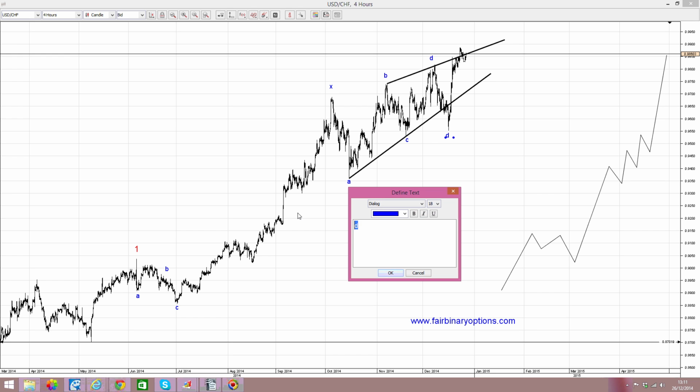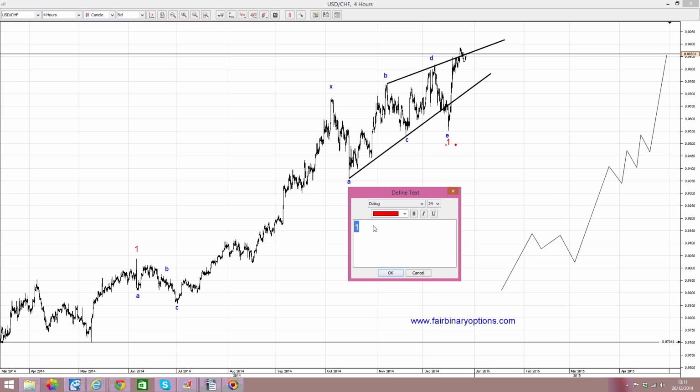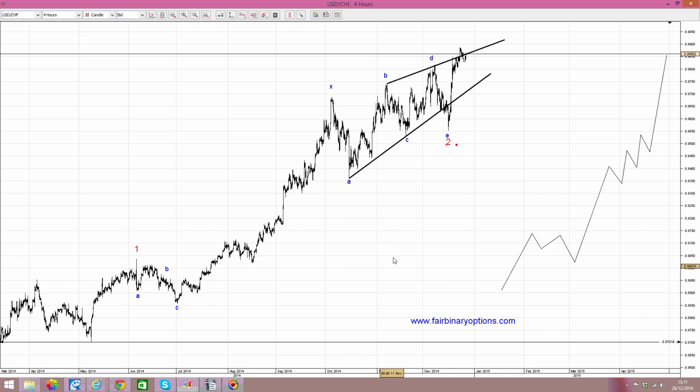This is the end of the triangle, and also this is the end now of the second wave, this being the first wave, the first impulsive move. This is the end of the running correction, and now we should look for the third wave. But remember that the third wave after such a pattern always comes in 161.8 when compared with the previous first wave.